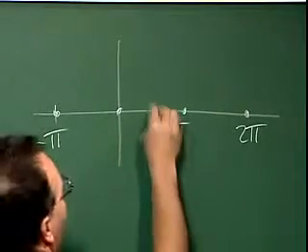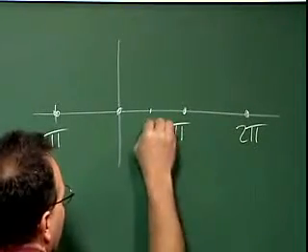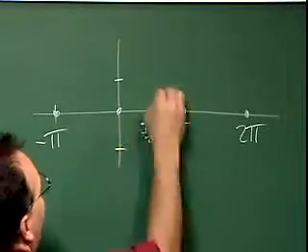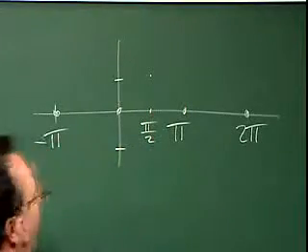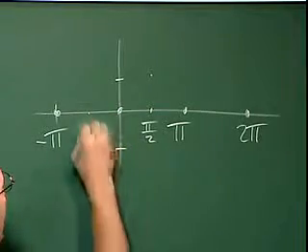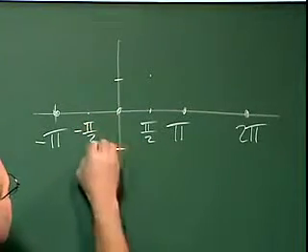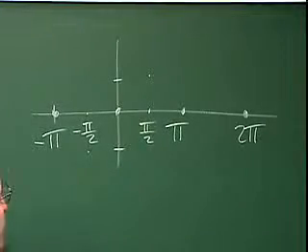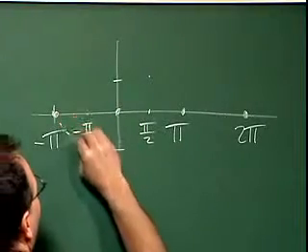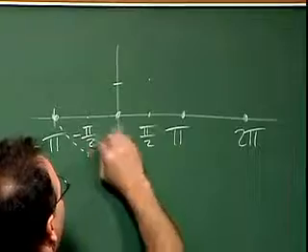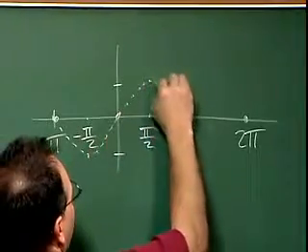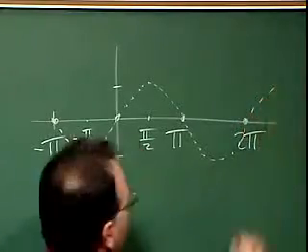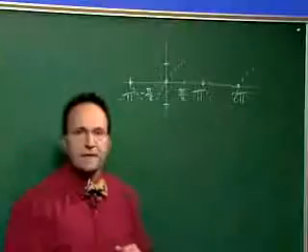And that halfway in between, so for instance pi over 2, is when it reaches its height of 1. Or in the case of negative pi over 2, it reaches its minimum value of negative 1. So if I were to lightly draw the graph as a dotted line for the sine curve, there it would be.